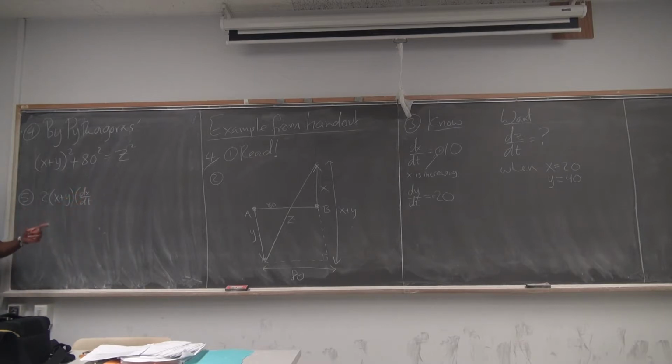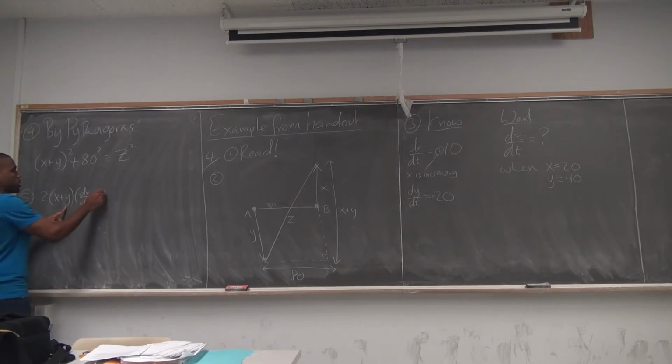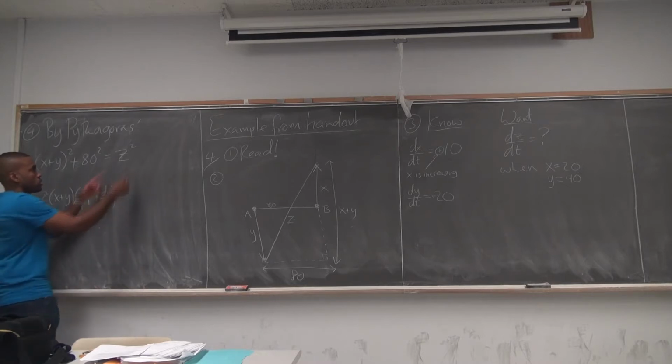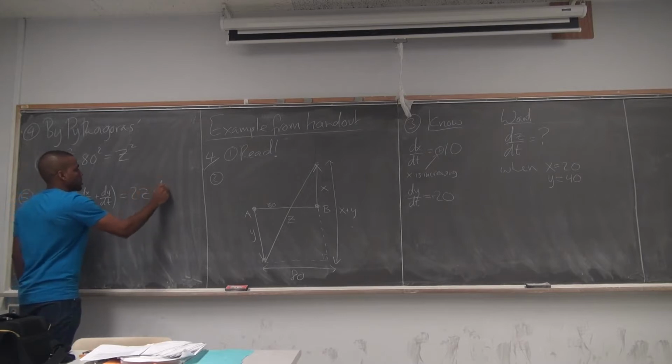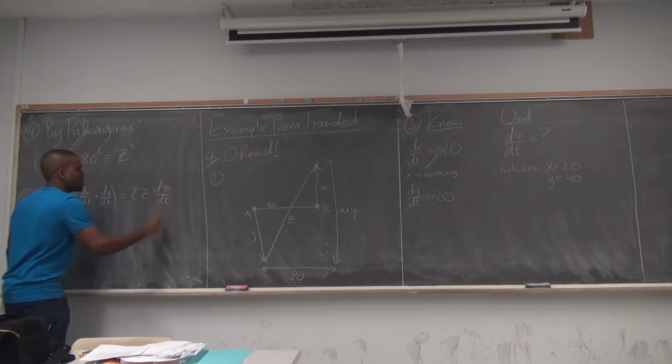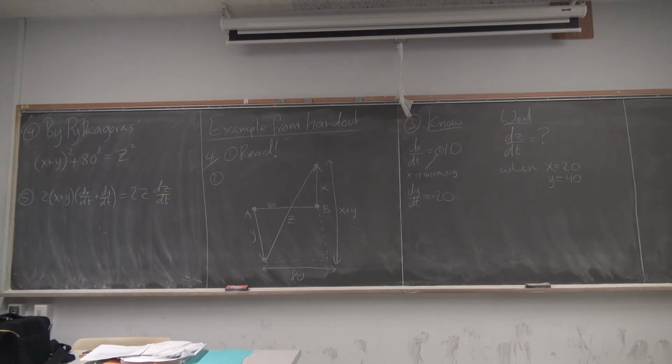Remember, it's not just 1 now because t is the real independent variable. Plus dy dt, right? We got this from the chain rule, by the way. Derivative of 80 squared? 0. It's a constant. Derivative of z squared? 2z times dz dt. That's implicit differentiation with respect to t.